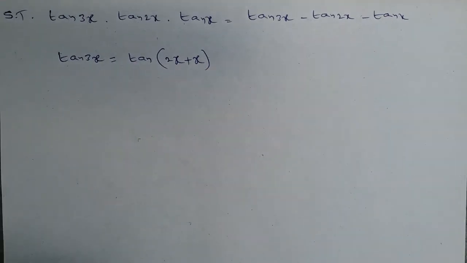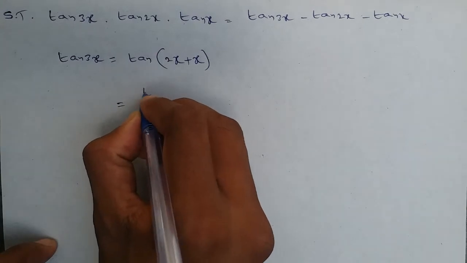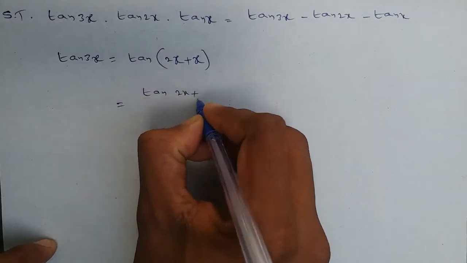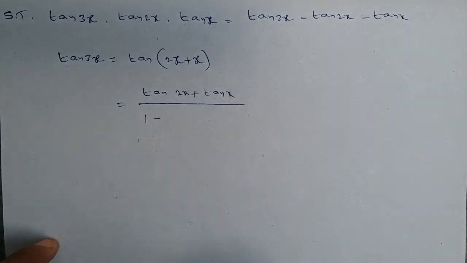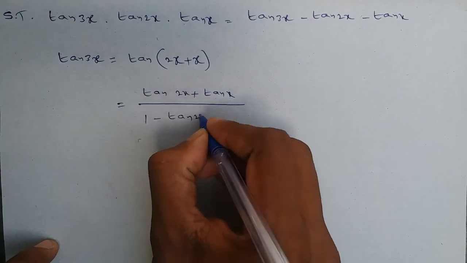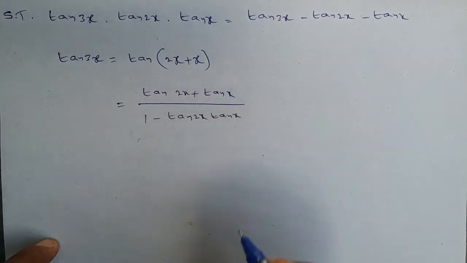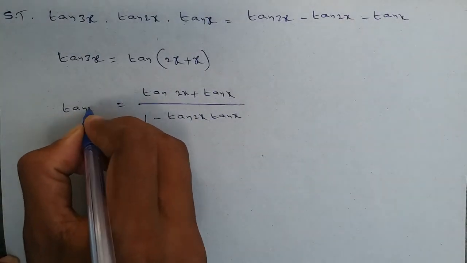So what is the formula for tan of a plus b? Tan a plus tan b, that is tan 2x plus tan x, divided by 1 minus tan a tan b, that is 1 minus tan 2x tan x, which is equal to tan 3x.